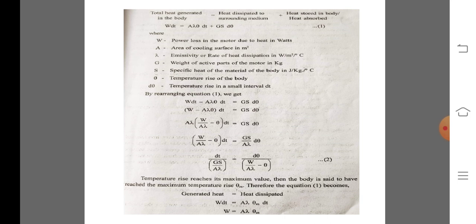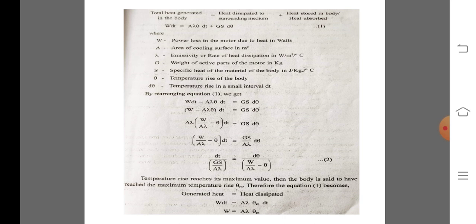So W minus A lambda theta, into dt, equals Gs d theta. Now we rearrange to separate the terms: dt divided by Gs equals d theta divided by W minus A lambda theta, that is, dt divided by Gs by A lambda equals d theta divided by W by A lambda minus theta. This will be the second equation.